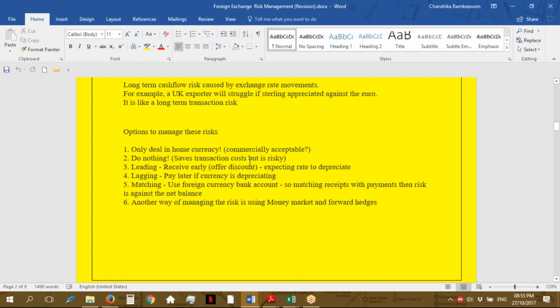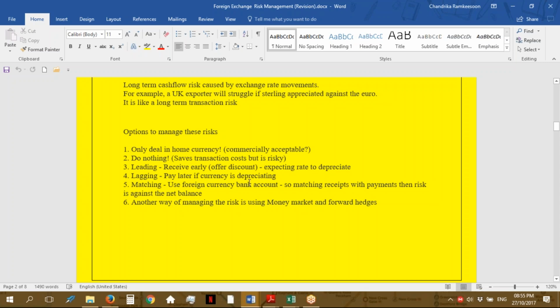Now, we don't normally consider transaction costs in our calculation. Of course, we could, and if it does come up, it's easy enough to deal with, because if you are receiving, transaction costs will just take down your receipt. If you're paying, it will take up your cost. But if you choose to not hedge, obviously it's risky because you might gamble and say, well, I think the rate will go up, down, whatever, but it may not. Lead in means receive early, offer a discount, expecting the rate to appreciate.